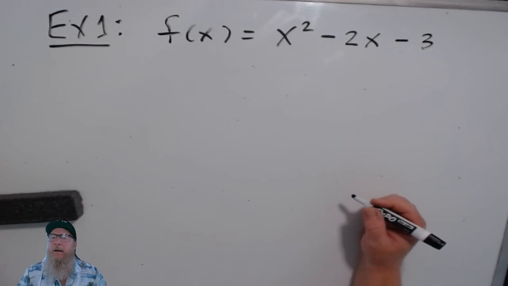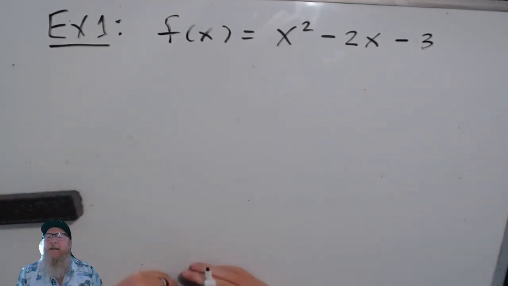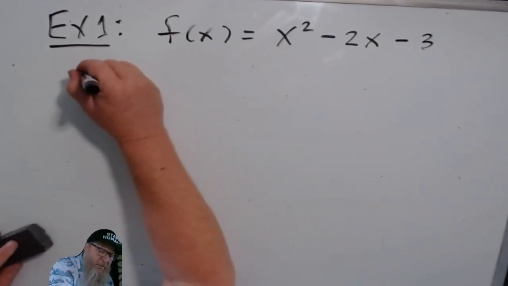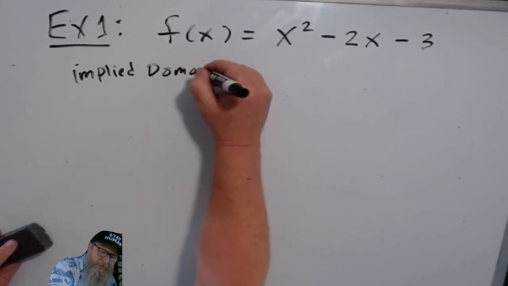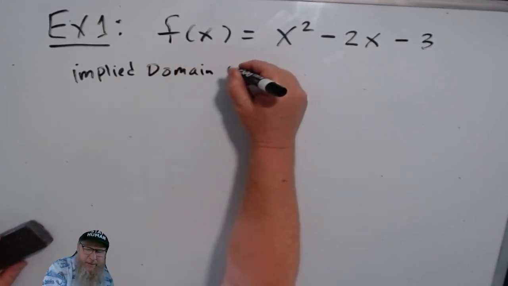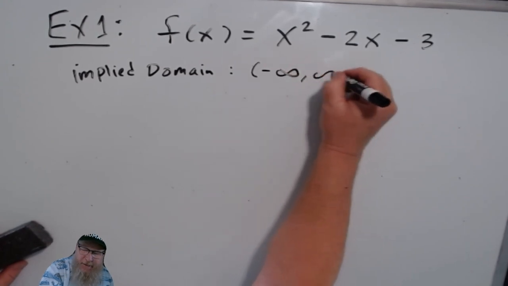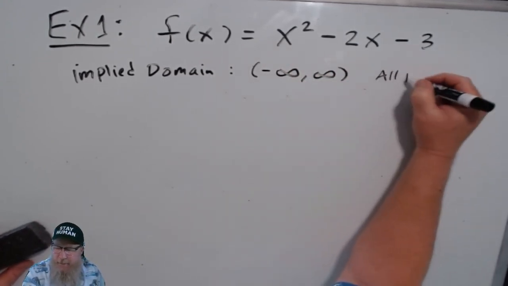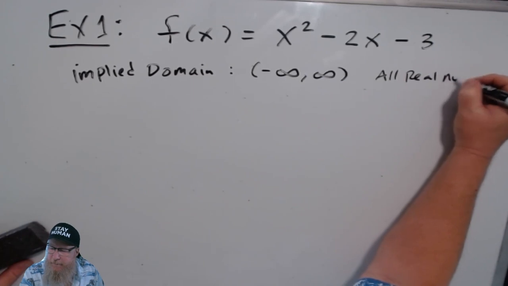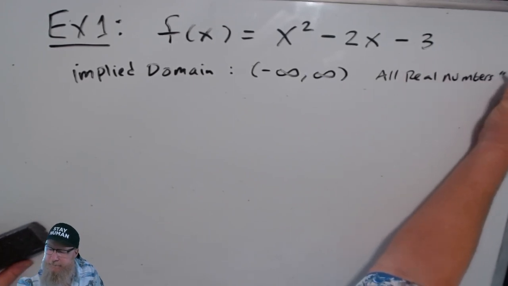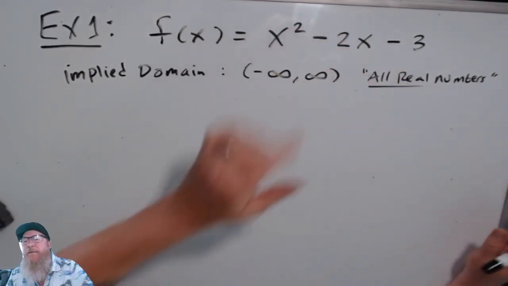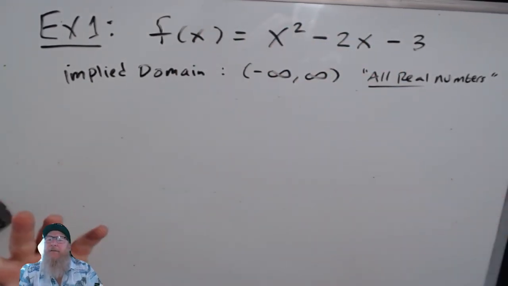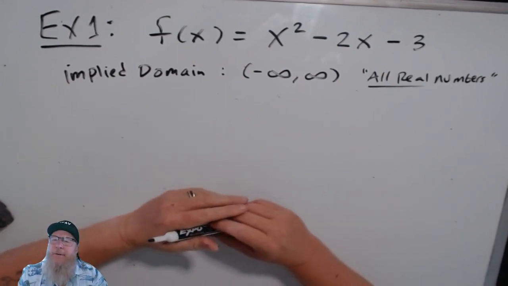The domain is not explicit. So the implied domain is negative infinity to infinity, in other words, all real numbers. There is no restriction on this function. It's just implied that the domain is all real numbers.